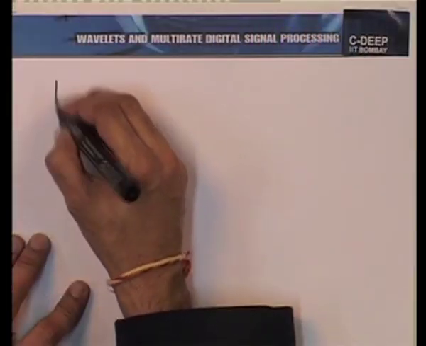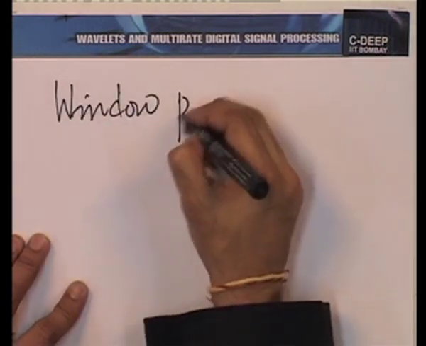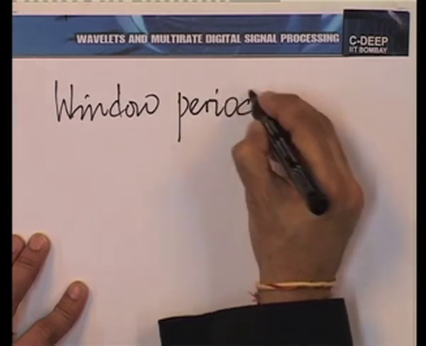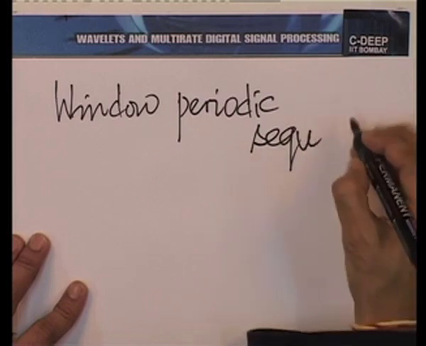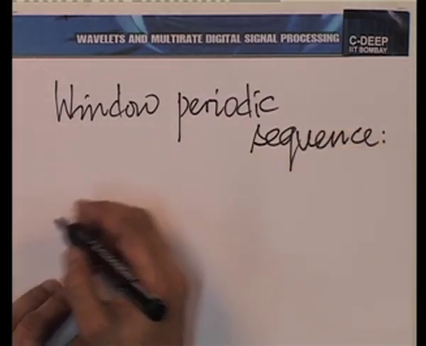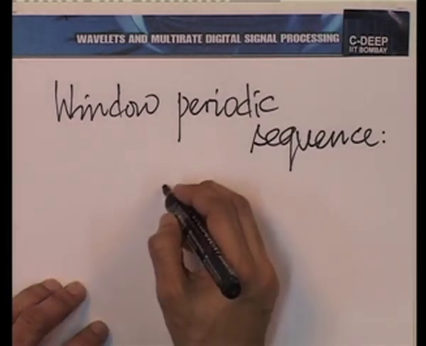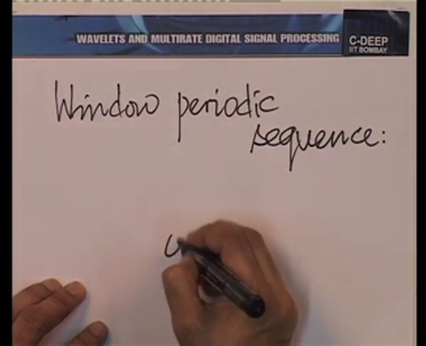So, if you wish, we can call this sequence that keeps some and removes the others a window, but a window periodic sequence. I use the word window periodic sequence because the window sequence name has also been used in the design of finite impulse response filters.